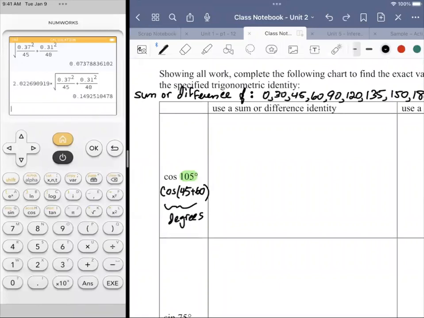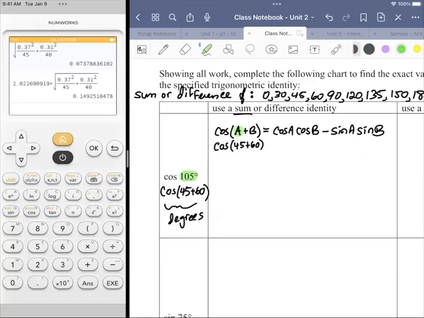So what I need is the sum identity for cosine. Again, cosine of A plus B is equal to cosine A, cosine B, minus sine A, sine B. So I'm going to line up my new statement, cosine of 45 plus 60, and let A take on the value of 45, so everywhere I have an A, I replace it with a 45.